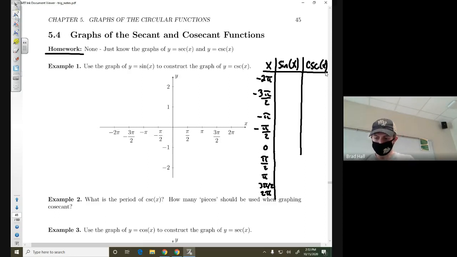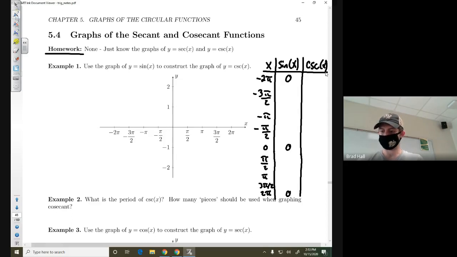I wonder how good everyone's memory of the various sine values is for some of the special ones. And these are all quadrantals. So that means 0, 0, 0. That's just for sine, not cosecant yet.